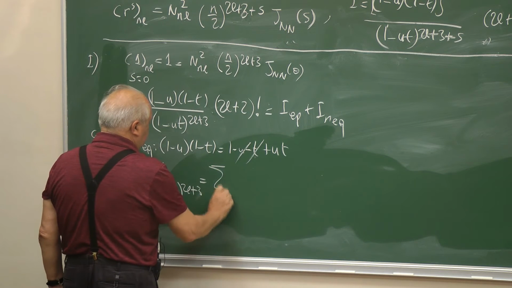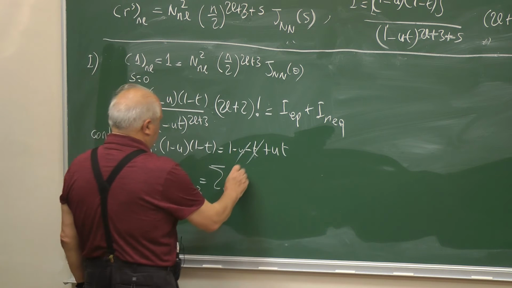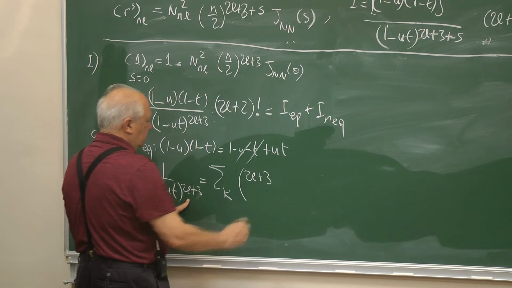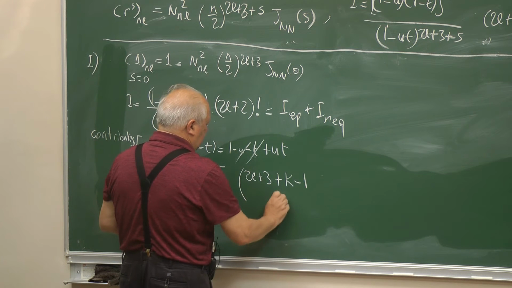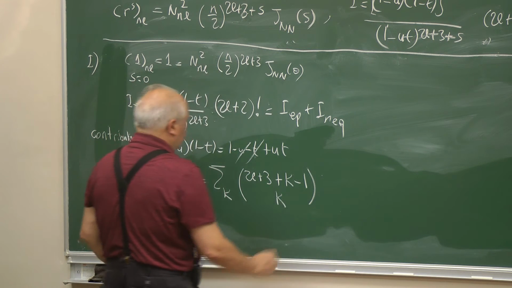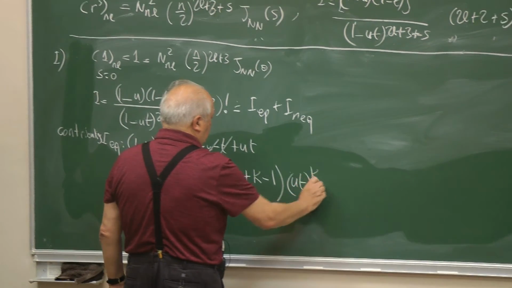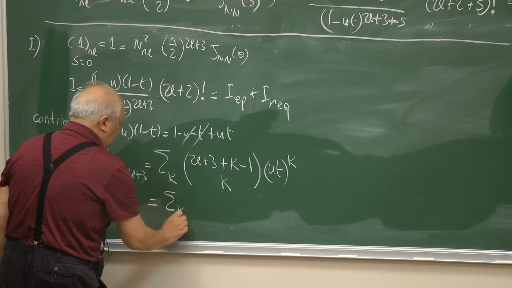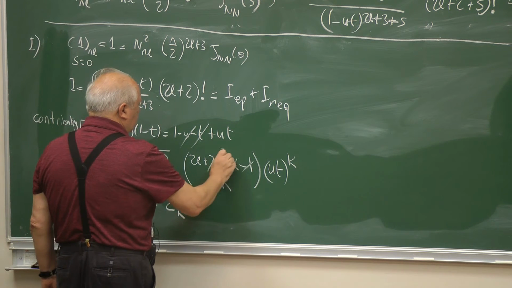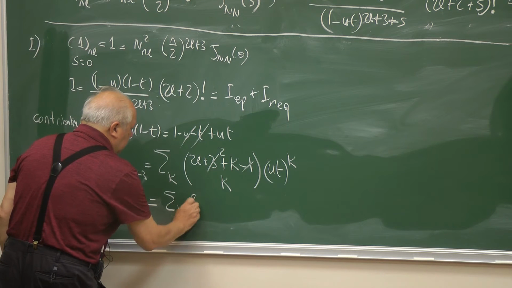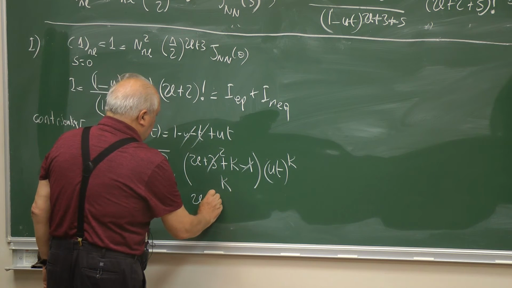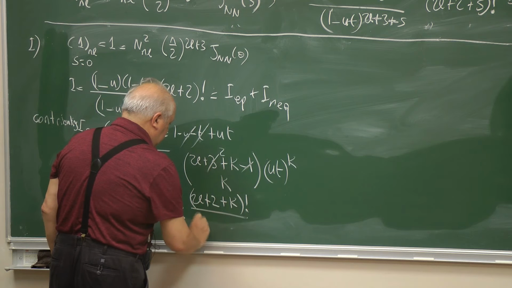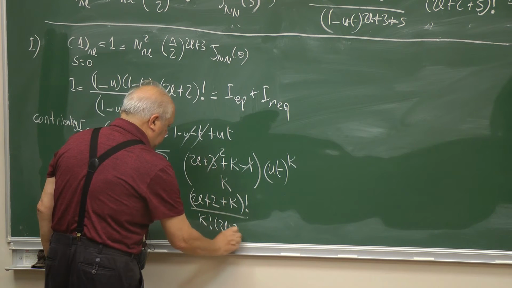That's equal to the sum over K, now comes the binomial coefficient, (2L plus 3, the power, plus the index K, minus 1) choose K, (UT) to the K. So it is (2L plus 2 plus K) factorial divided by K factorial times (2L plus 2) factorial.